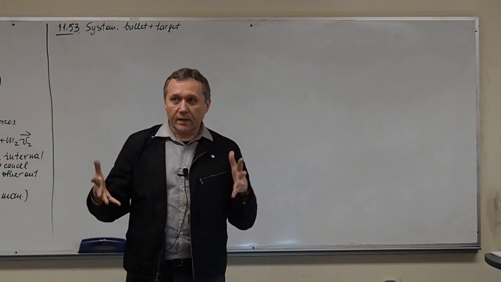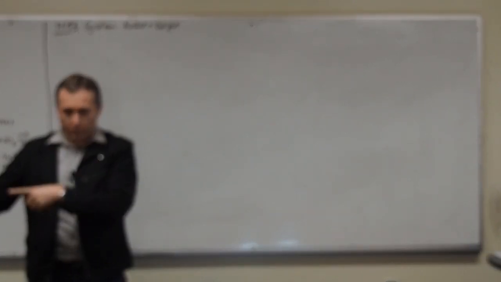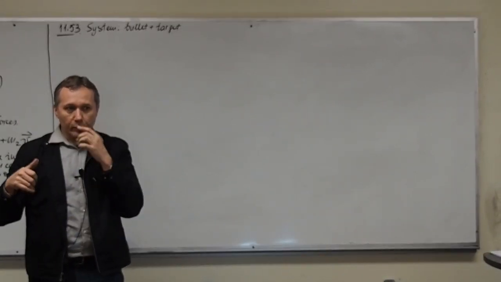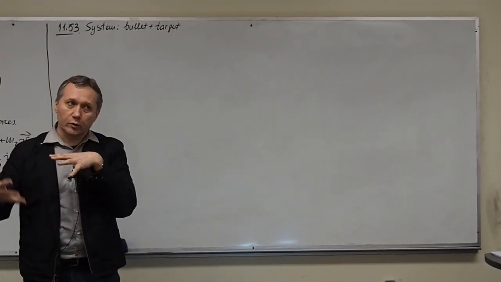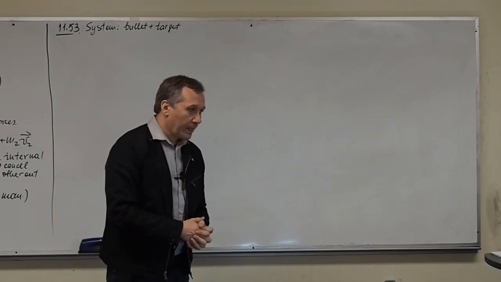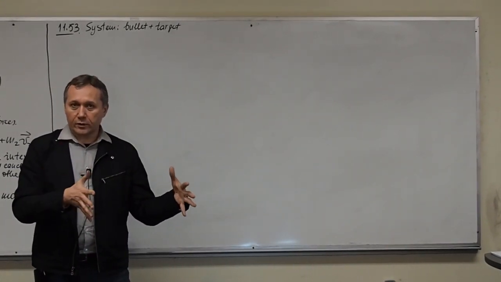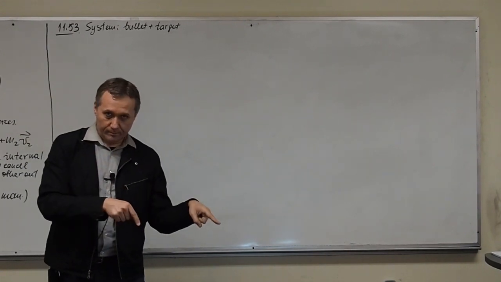And it happens that the bullet manages to get through the wooden block, making a hole. And we also know the final velocity of the bullet after the impact. So the question is, what's the final velocity of the target?